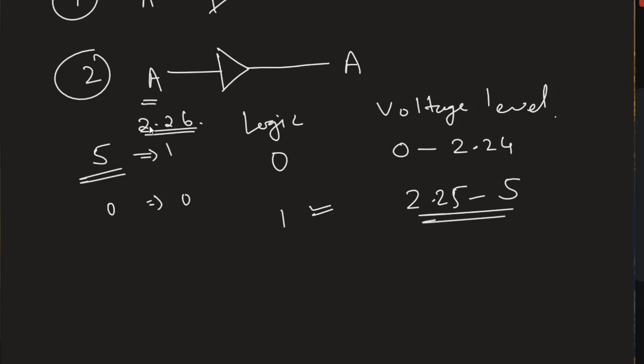This might occur due to some internal voltage drop, where some unwanted resistance is present. So from 2.26, this is a weak signal and it has to be logic 1. What the buffer is going to do is make it 5 volt again. Can you see what the boost of the signal means? I hope this part is clear to you. So the buffer is very important and we must learn about it.